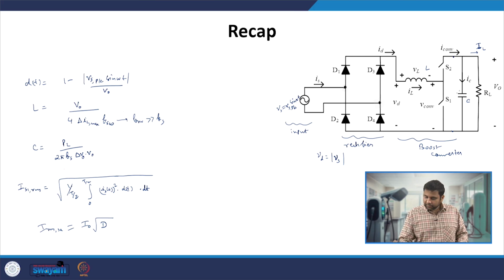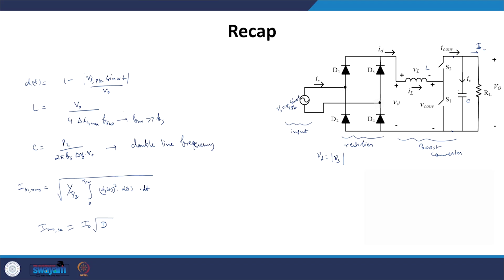Similarly, the capacitance value: this capacitor sees a double line frequency component on its voltage. That means you have a ripple on that capacitor which has the double line frequency component.